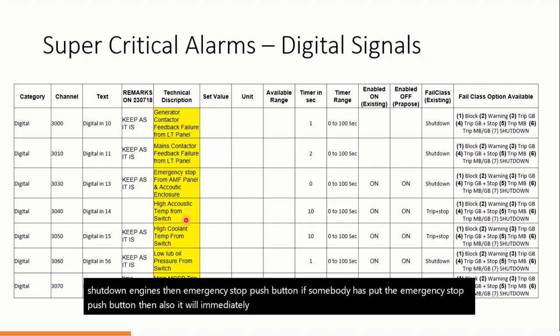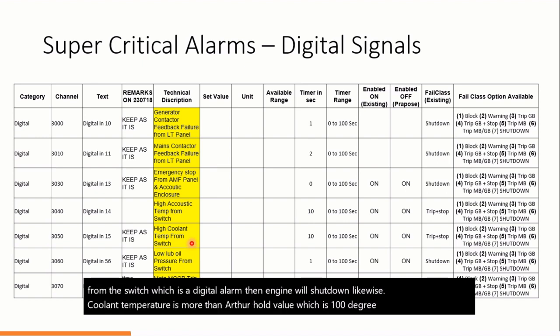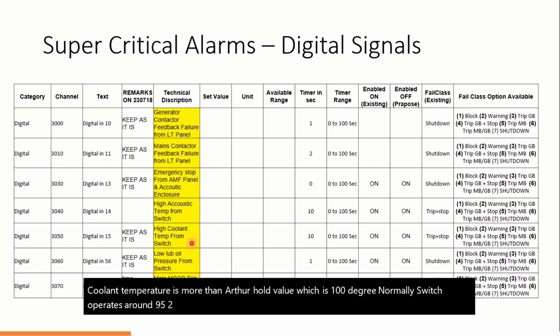If there is a high coolant temperature from the switch, which is a digital alarm, the engine will shut down. Likewise, if coolant temperature is more than our threshold value, which is 100 degrees, normally the switch operates around 95 to 100 degrees centigrade. If we reach above that value, this alarm comes.